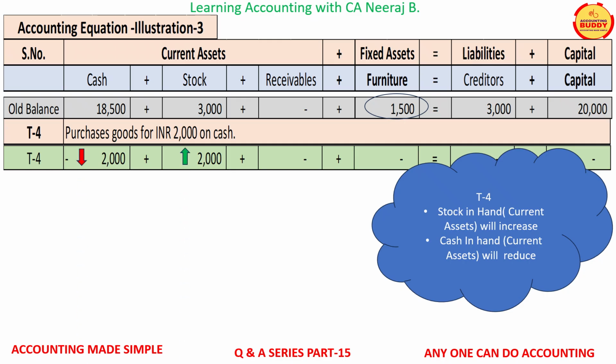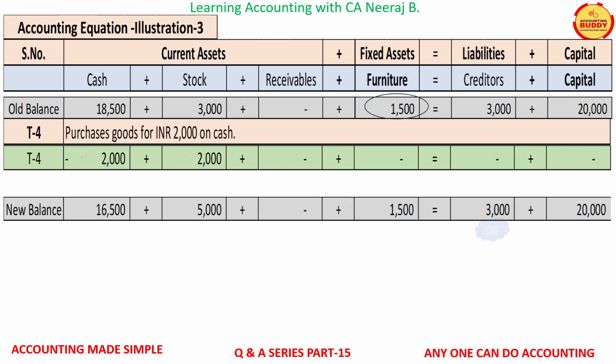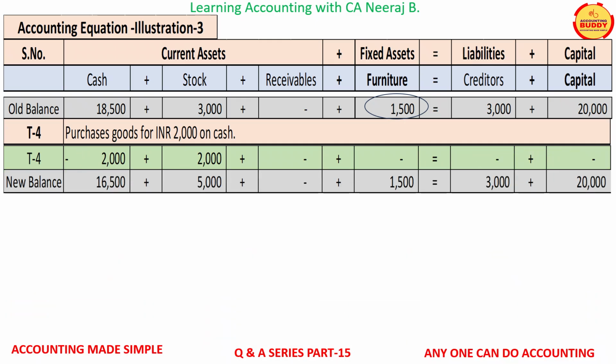Stock will increase by 2,000 and, the transaction being settled by cash, cash will be reduced by 2,000. Post T4 business transaction, the new balance on the left hand side will be cash 16,500, stock 5,000, furniture 1,500, amounting to a total of 23,000 of assets. And on the right hand side also the total is 23,000, comprising 3,000 of liabilities and 20,000 of capital.